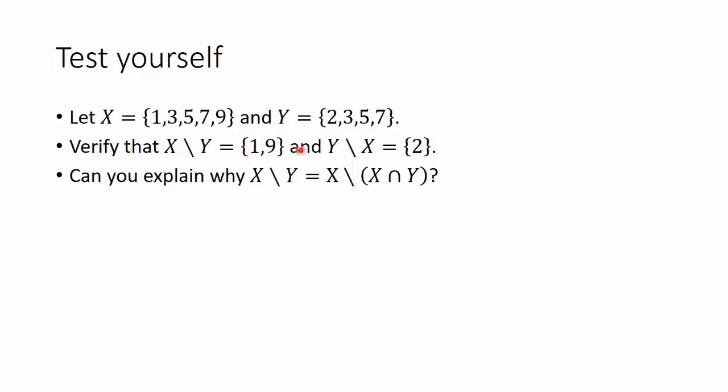And also verify that y minus x is the set with one element, which is 2. And after you verify this, can you explain why x minus y equals x minus the intersection of x and y? If you can, you probably understand what set difference is.